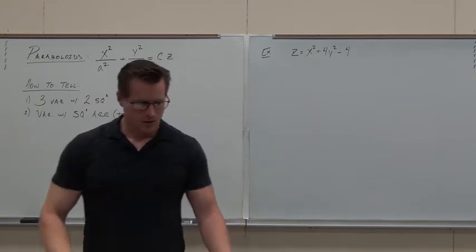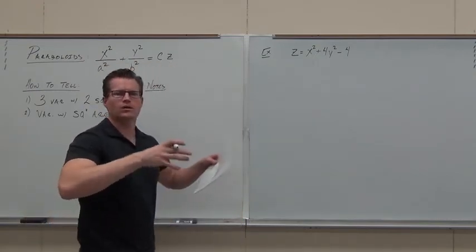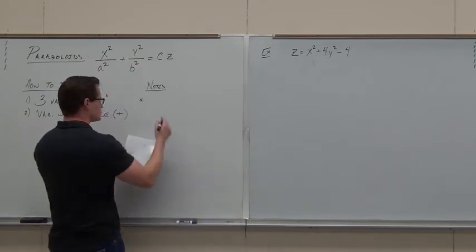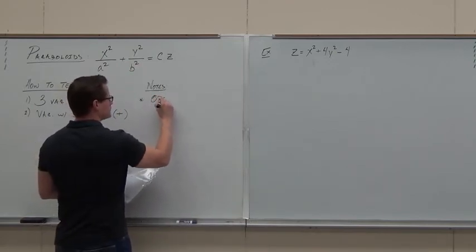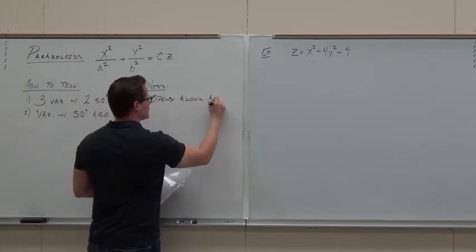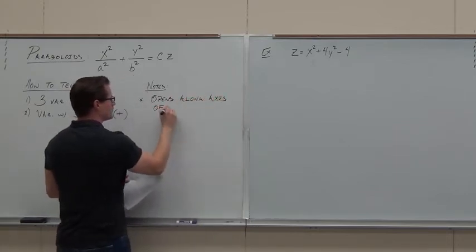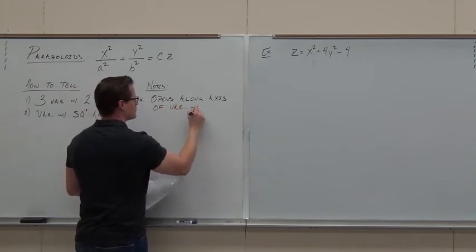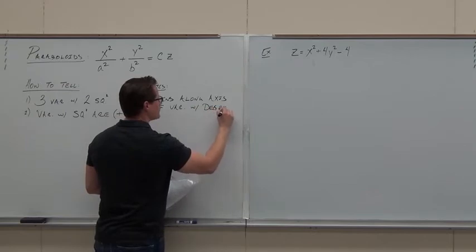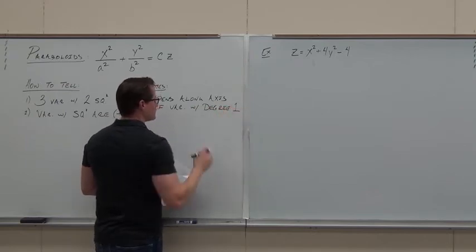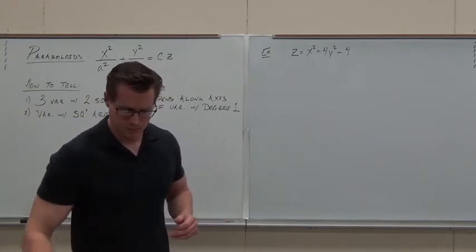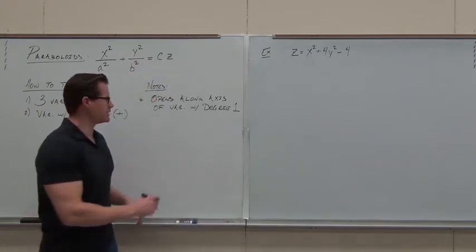So, the paraboloid opens along the axis of the variable with degree 1. Little side note.